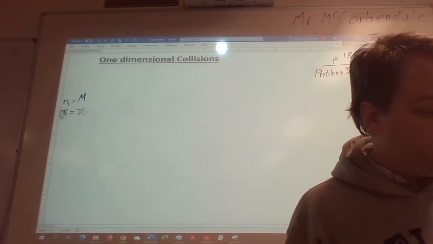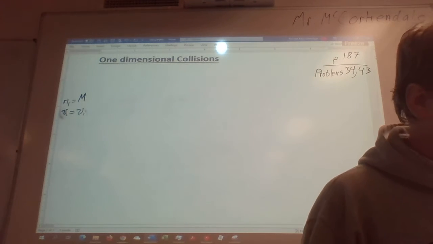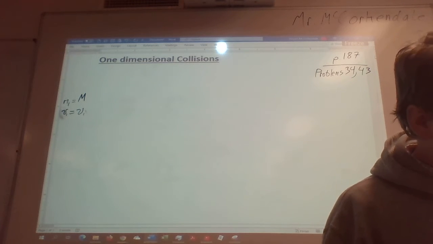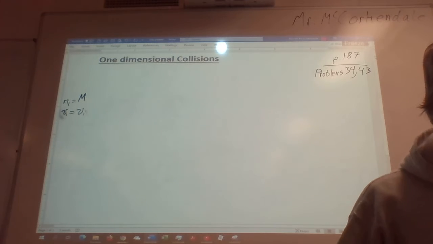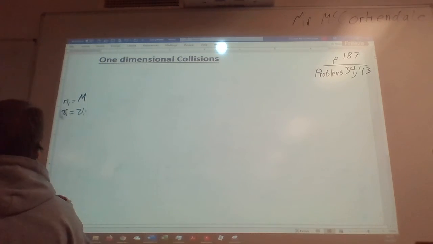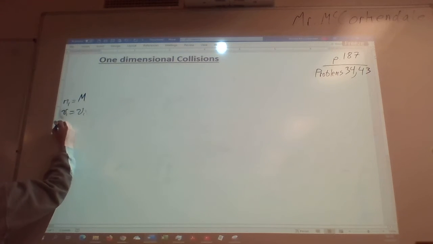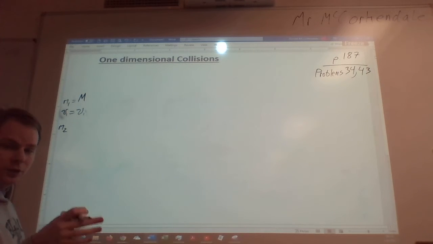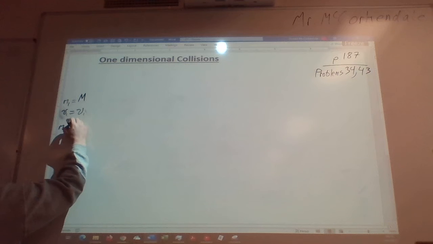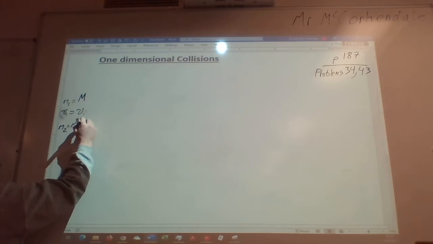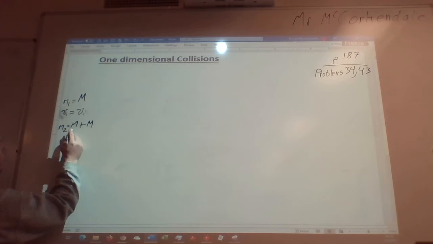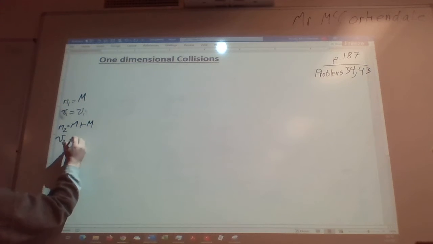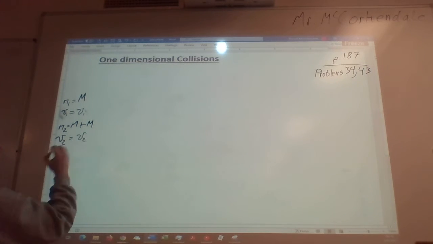Collides and couples with two railroad cars, each of the same mass M and moving in the same direction at a speed V2. So M2, the second collection of railroad cars, is M plus M, because there's two of them stuck together. And then the velocity of that is going to be V2.